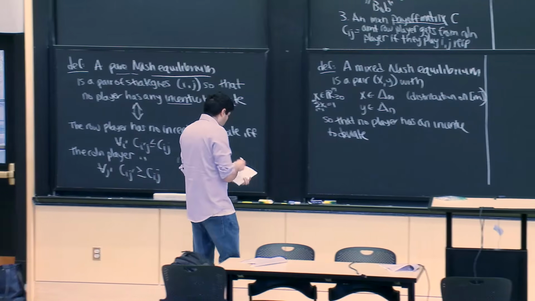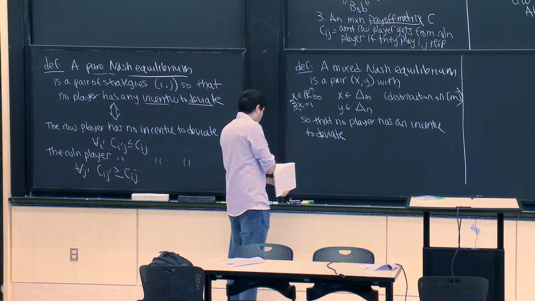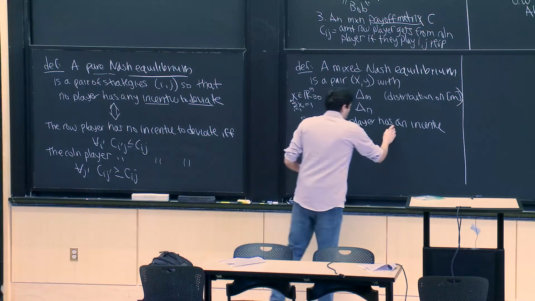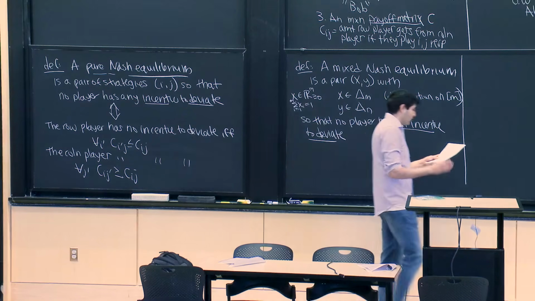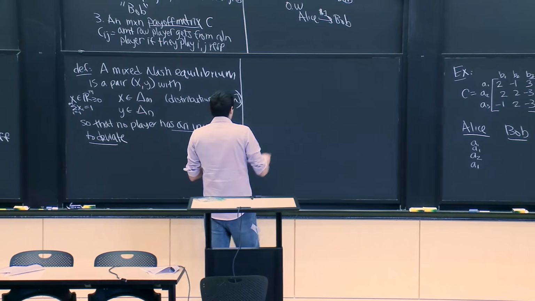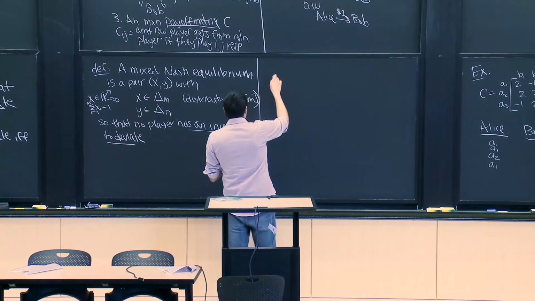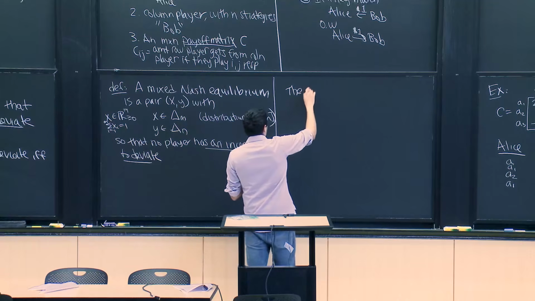So let's be a bit more precise about what exactly I mean by no incentive to deviate, because this will come up later when we do the proof of a very powerful theorem I'm going to cover very soon. What does it mean for the row player to have no incentive to deviate now when we're talking about randomized strategies?